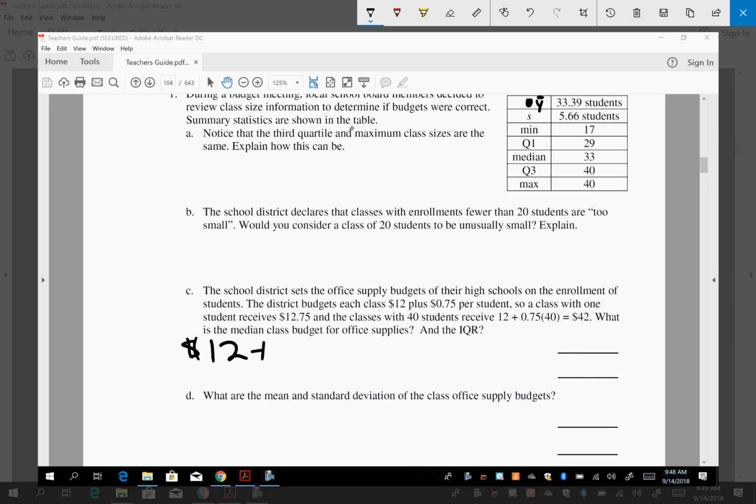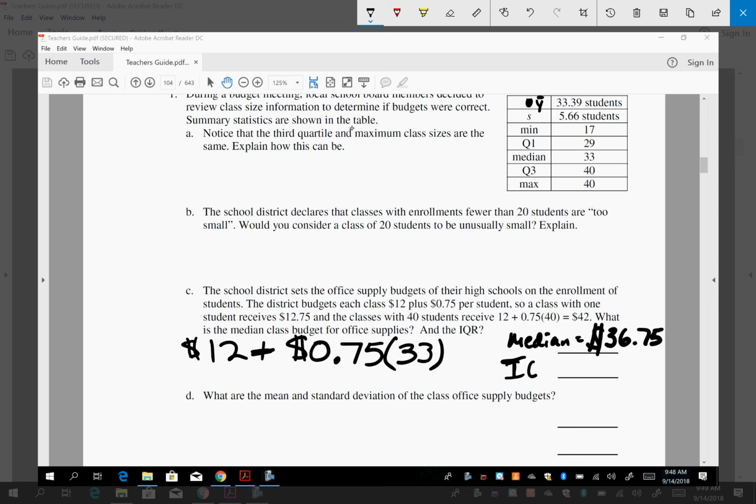So it'd be $12 plus 75 cents times what is the median class size? 33. $36.75. Can anyone confirm Gilberto's number of 36.75? Don't confirm it until you have it. Excellent.